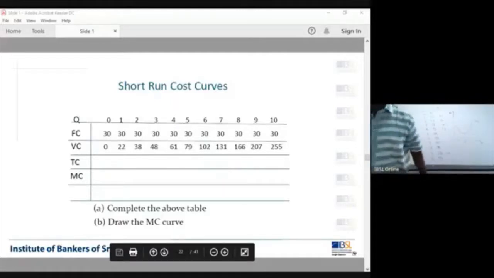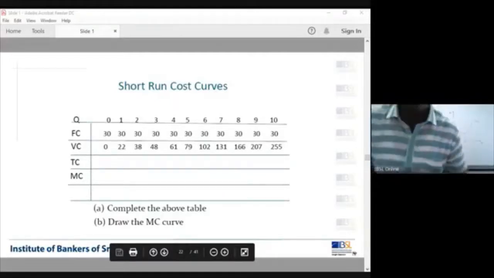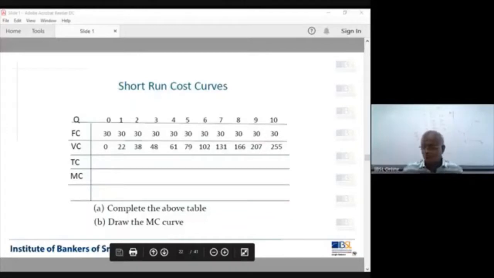Right. So far we have discussed the mathematics of marginal cost, total revenue, and marginal revenue. Still, we have not discussed the economics of why this MC curve decreases and then increases. What is the economics behind this U-shaped MC curve?